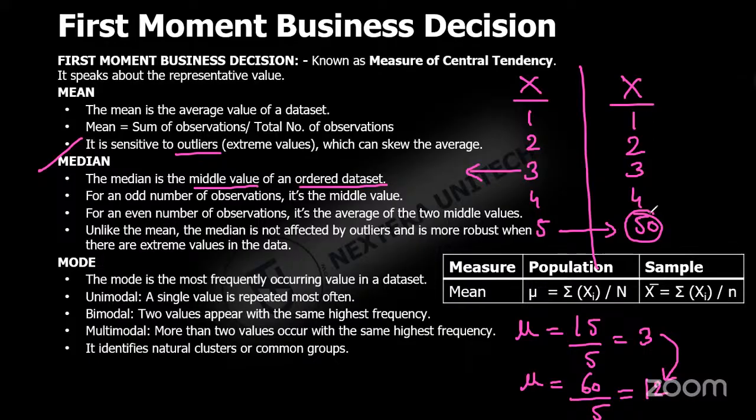Outliers are nothing but extreme values, so they will be either towards the left side or the right side. But my median value is the center value, so there is no influence of outliers on the median. I hope it is making sense. So when you have outliers, we go with the median measure for calculating the representative value.